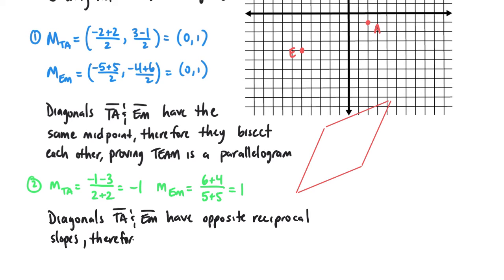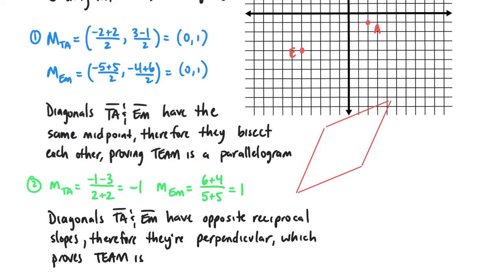Therefore, they're perpendicular, which proves TEAM is a rhombus.